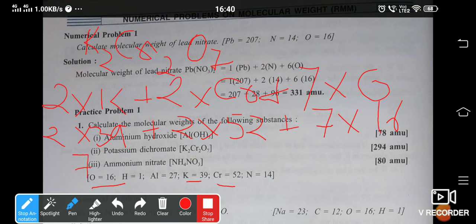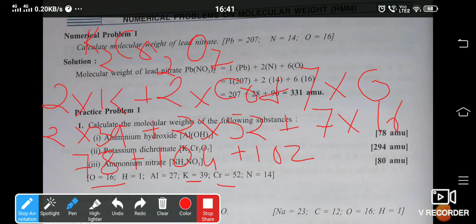It would be 78 plus 104 plus 102. Those who got it right, really appreciate you.